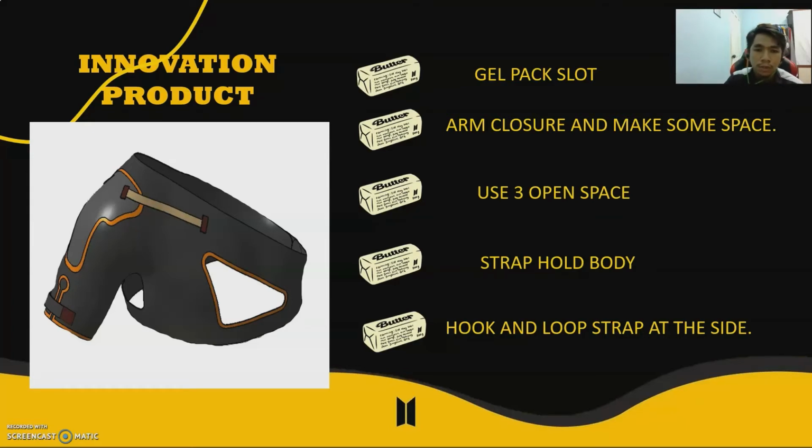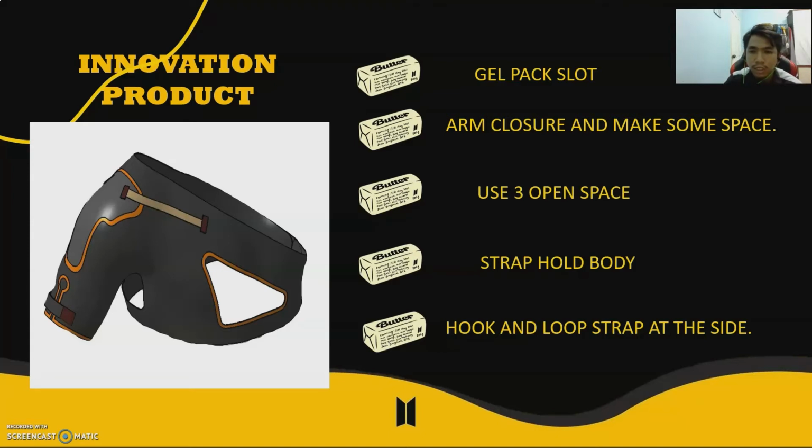Secondly, we have innovated the arm and made some space at the arm. The function of this space is to give the user more ease in wearing the brace guard.